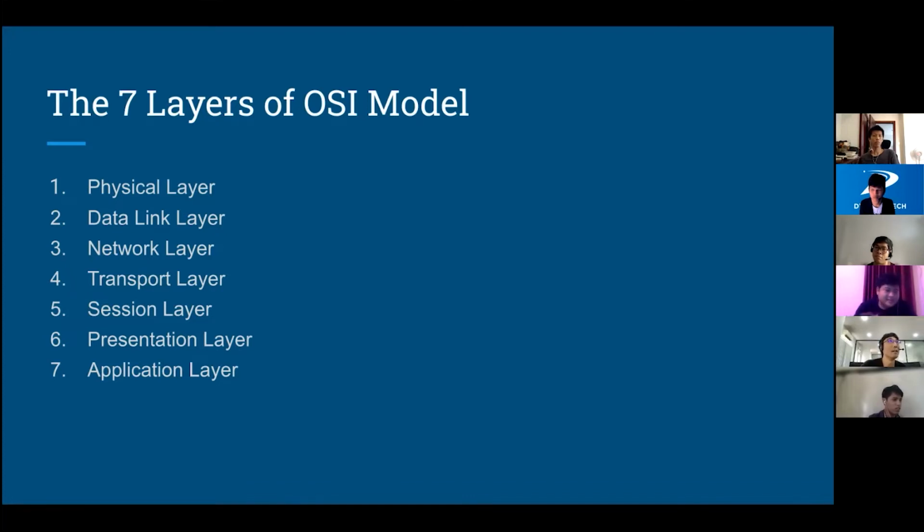For layer 6, I speak about computer and gateway to global. The presentation layer encrypts data from the application layer, because the application layer sends binary data, 0101, and the presentation layer encrypts this data.